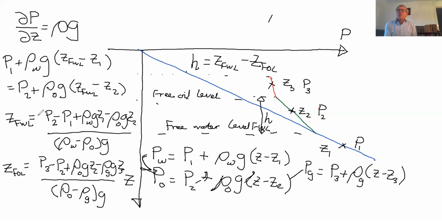It enables you to calculate basically the height. Now, there are a few things we can say immediately. The first one that's rather interesting, if we look at this diagram, is the water pressure. You'll notice at a given depth, the pressure in the oil and the gas is higher.